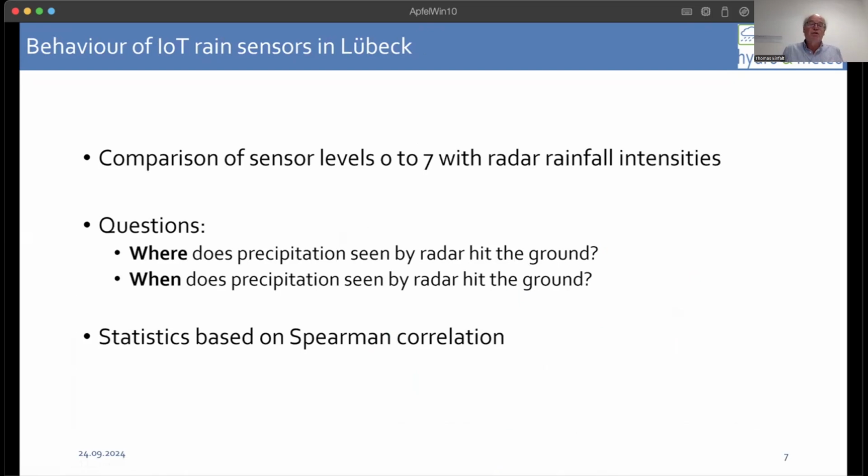And we had two questions, and this is coming back to the vertical gap that Ricardo talked about. Where does precipitation seen by radar hit the ground, and when does precipitation seen by radar hit the ground? And we calculated statistics based on correlation.